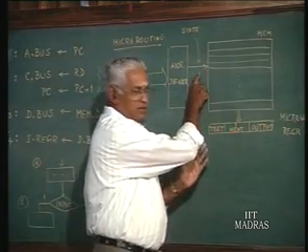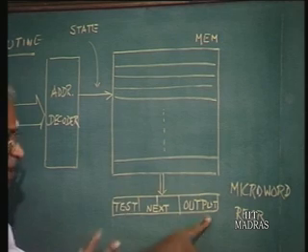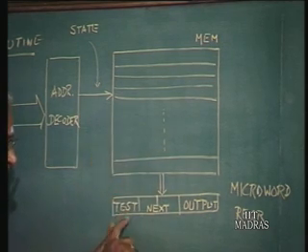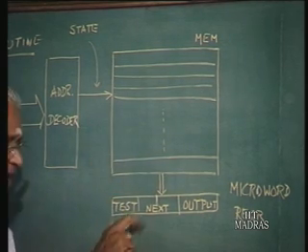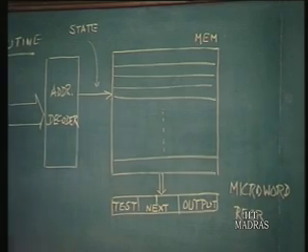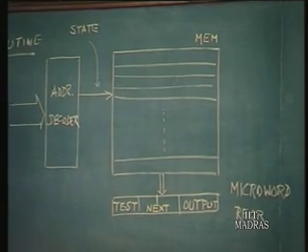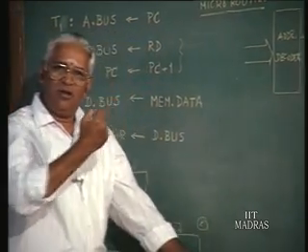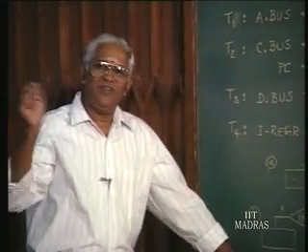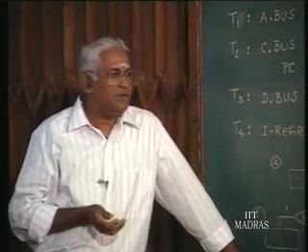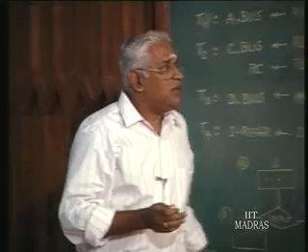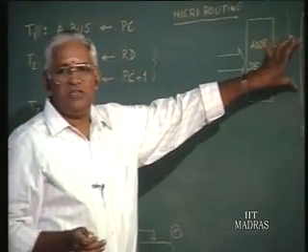So, given a state, what is the data path to be set up, what are the inputs to be tested, and what are the next states. Fine. Now, this will have to be done for all the states. Then we have the entire control information in this memory.